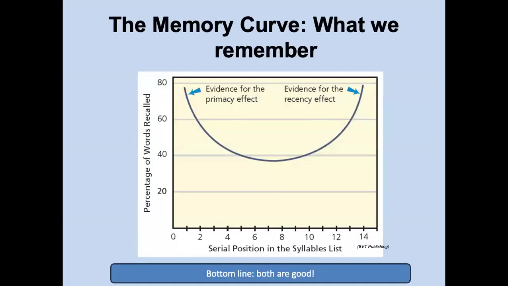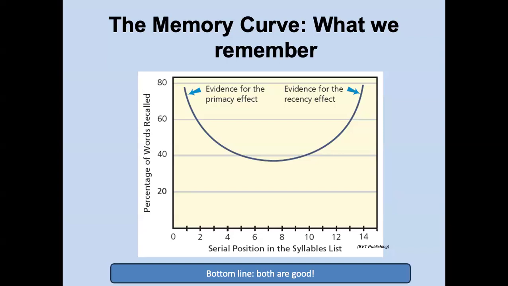Okay, forgetting. So the memory curve, looking at this curve, the primacy effect is that the first thing or the first couple of things in a series are remembered better.